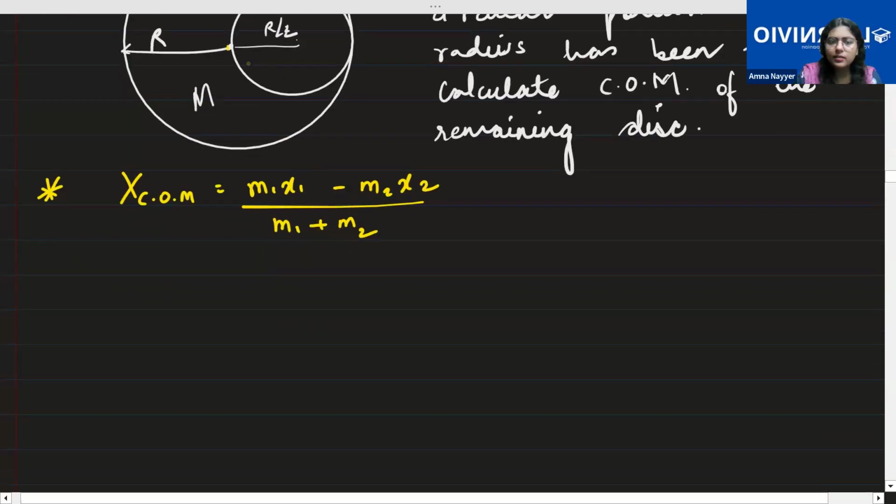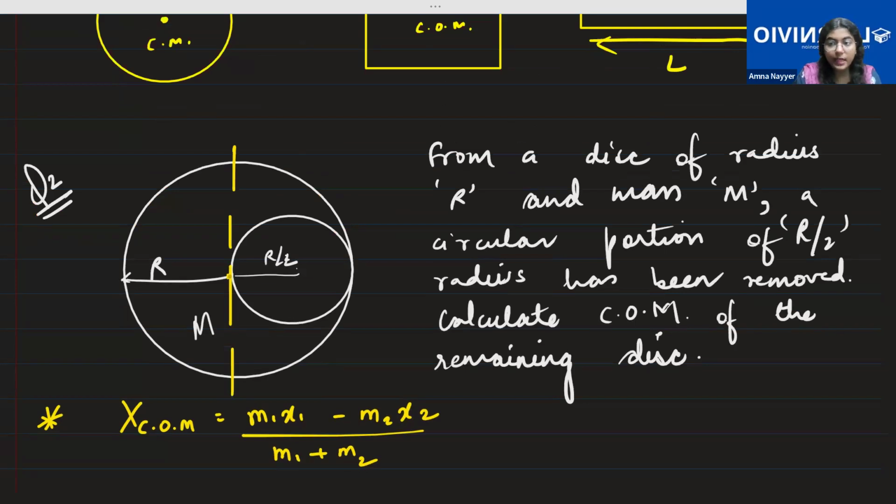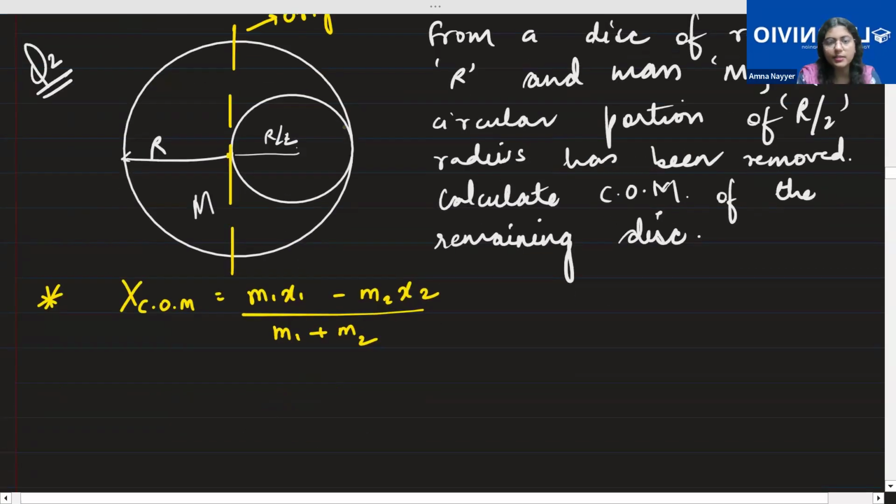You take an origin reference axis. Let's say this is our axis in the center. Now everything will be in terms of this. This is acting like the origin. Now, when we talk about the center of mass, okay, m1 x1 minus m2 x2 by m1 plus m2 times.